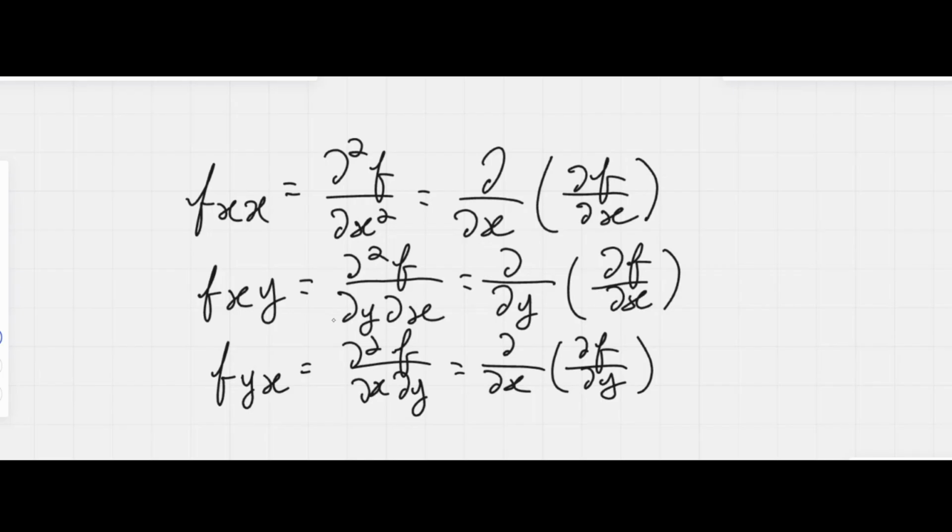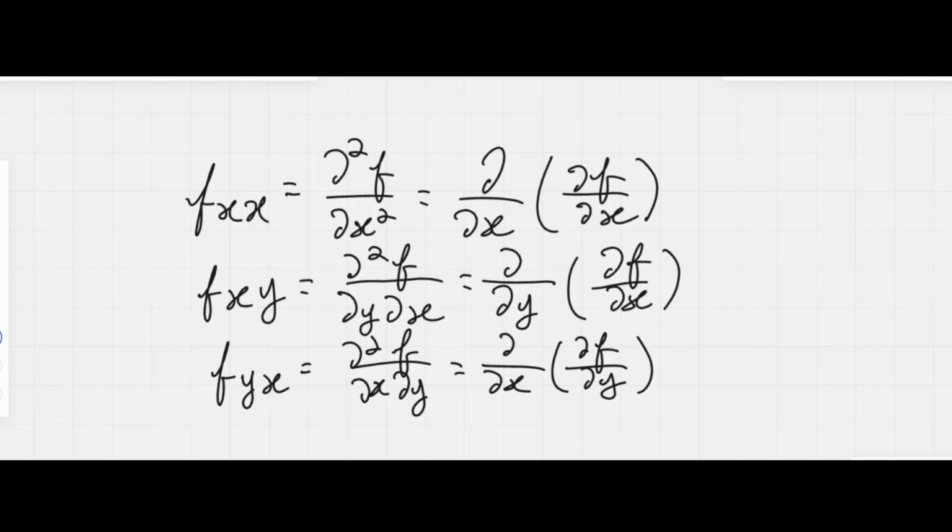Well, I'm going to change that paradigm a little later, and we're going to see how and why the order doesn't necessarily matter in which way we take our partial derivatives, but that's a discussion for later. So for now, understand that when we're talking about second partial derivatives, given the notation, we first find the first partial derivative, and then we find a second partial derivative either with respect to x or with respect to y from the resulting function.